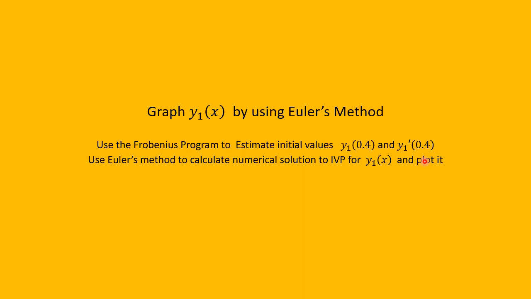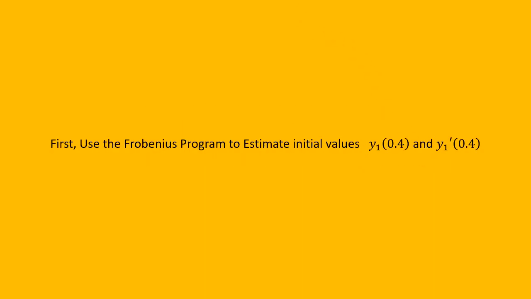We can then compare it to the solution that we got using the Frobenius method. First, we will use our Frobenius program written in Python to estimate the initial values y sub 1 of 0.4 and the derivative y sub 1 prime of 0.4.